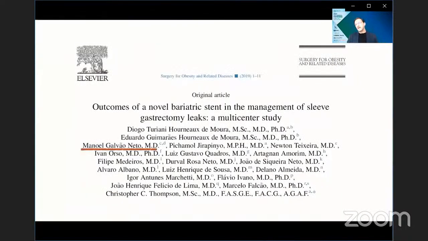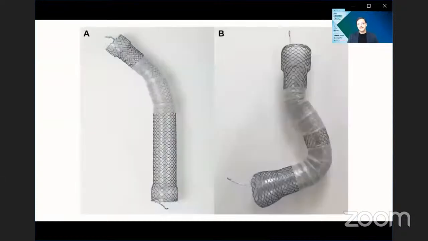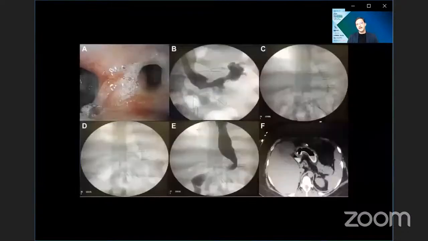And then what happens when we broaden the use of those specific stents? Now they are those Korean stents. They are very sophisticated ones, and we put them in reference centers, and then centers that use them once in a while. You can see here, letter A, the cavity on the left, and then the lumen on the right.